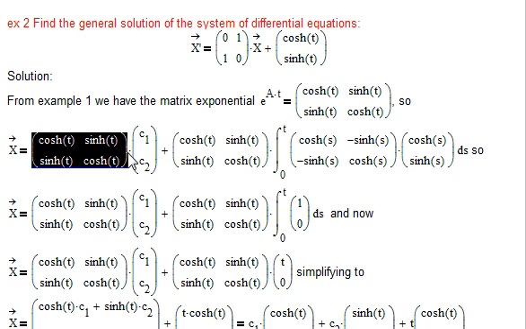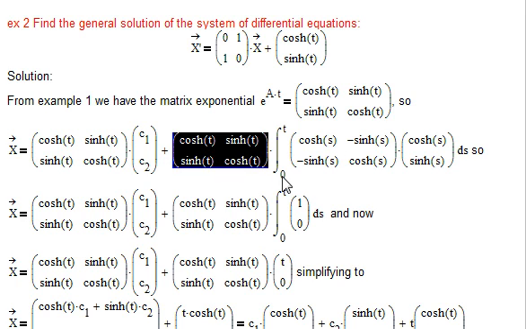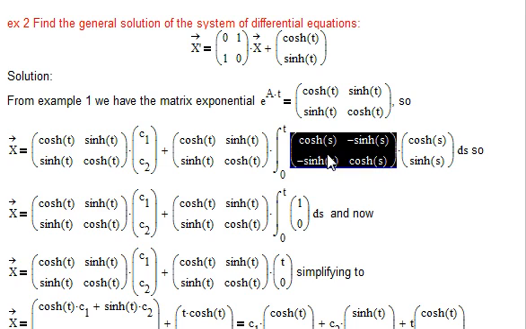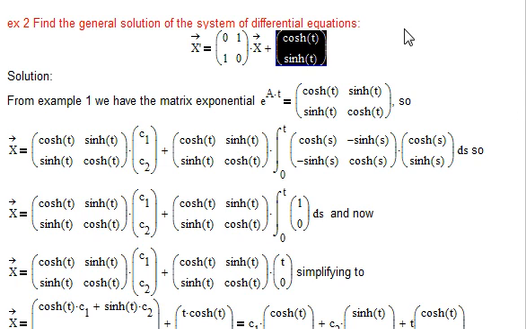So let's see how we can pull that off. Here's our matrix exponential times the vector of constants. Matrix exponential times integral from 0 to t of e to the negative at, actually negative e to the negative as in this case, times the cosh s and sinh s, because that's what's on the right side here.